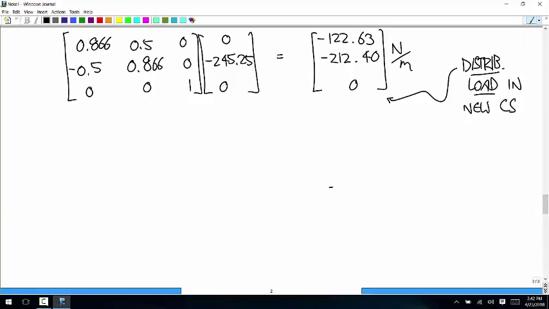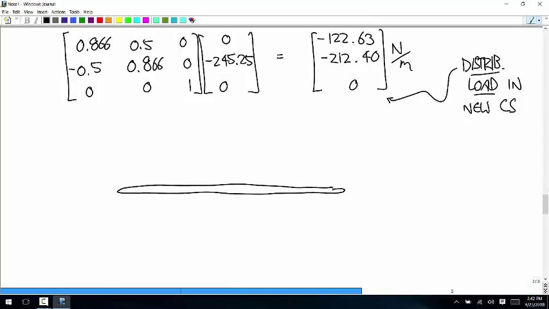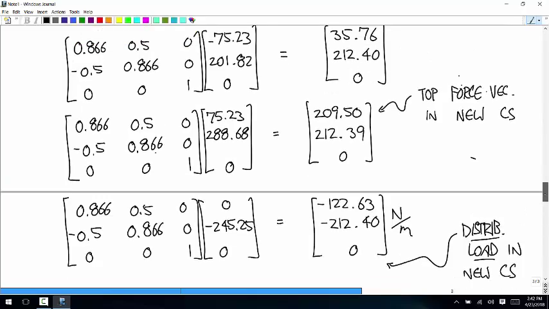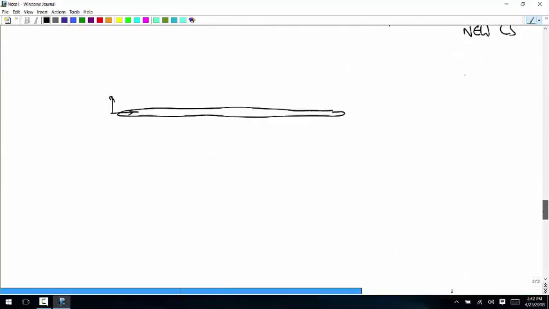So now we're here. I'm drawing it bigger so it doesn't all look too compressed. The left force vector, 35.76, 12.40.